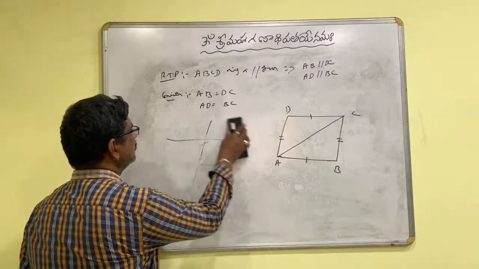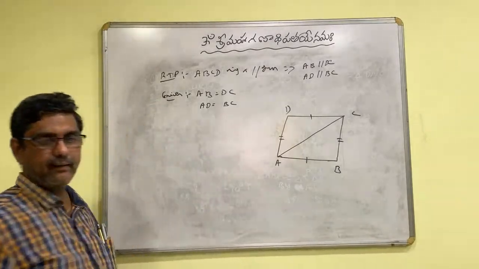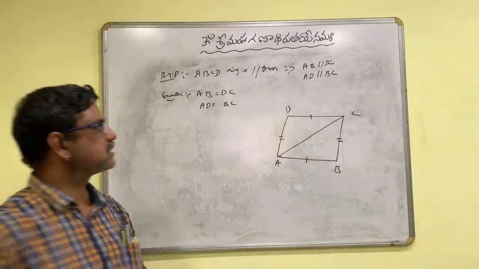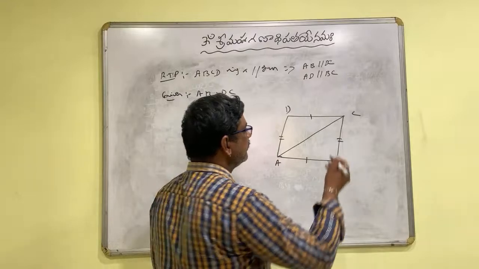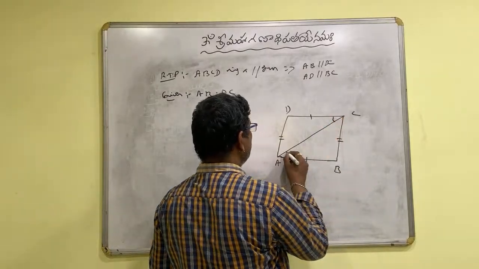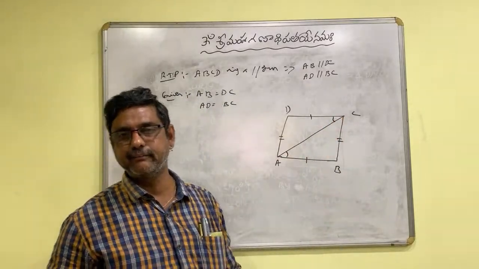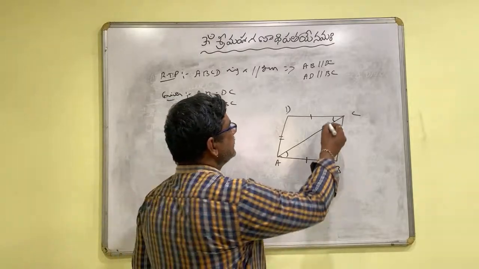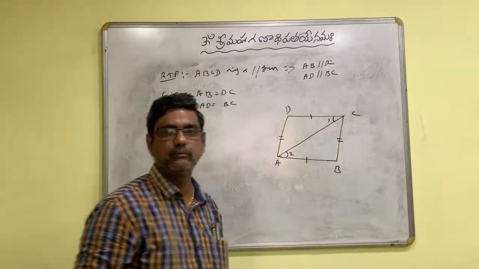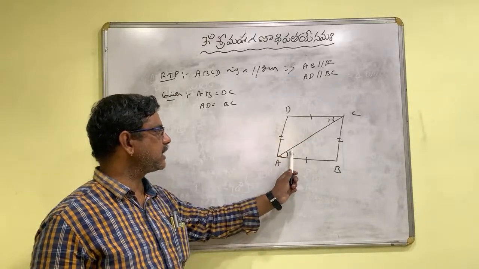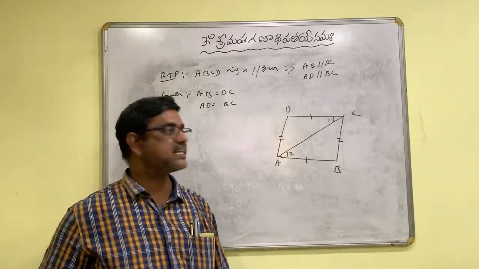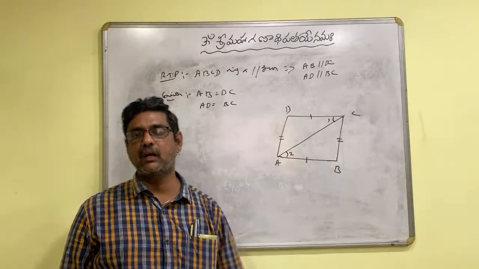Okay? So here, since these two triangles are congruent, this angle is equal to this angle by CPCT. I am naming this angle as 1 and this angle as 2. Angle 1 is equal to angle 2 by CPCT because these two triangles are congruent.